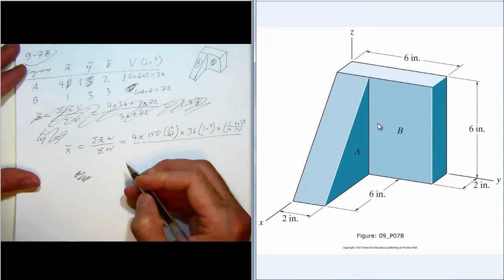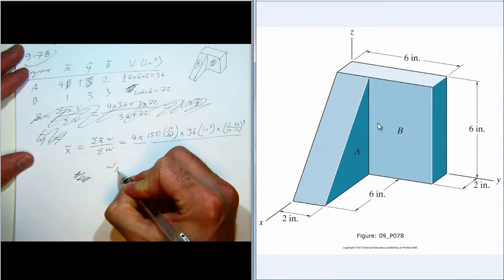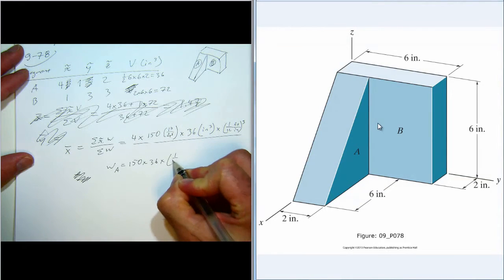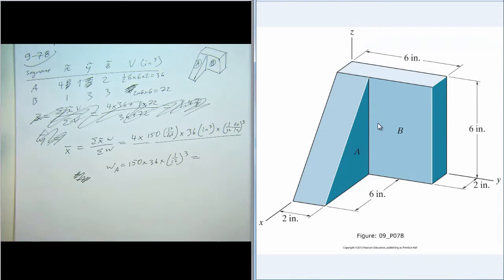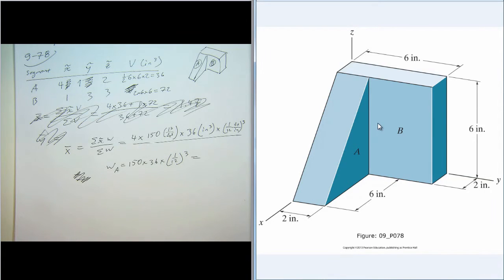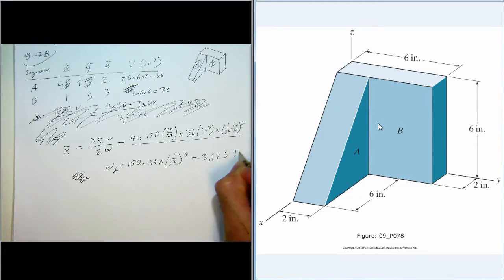So let me just get the weight of A. The weight of A is 150 times 36 times 1 over 12 cubed, and that is 3.125 pounds.